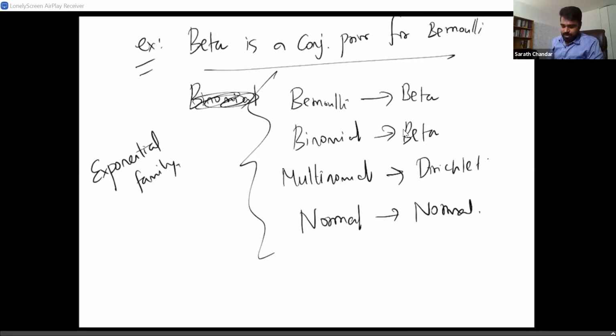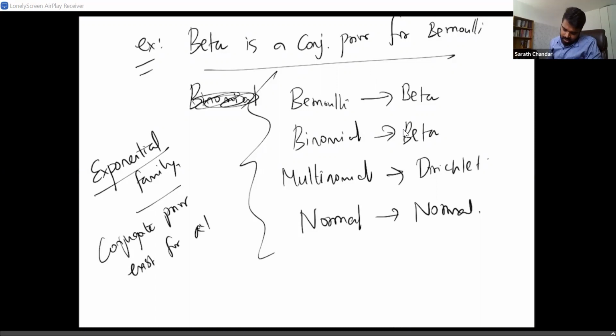This is a special family of distributions with the property that a conjugate prior exists for all members of the exponential family. Bernoulli, binomial, multinomial, normal, all these distributions are members of the exponential family.